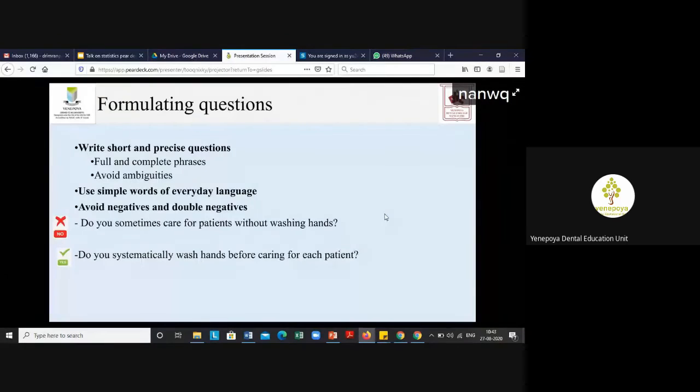So what are the points you have to take care of when you're formulating the questions? Write short and precise questions, in full and complete phrases. Avoid ambiguities. Do not use and/or sentences because they will be difficult to analyze. Use simple words, everyday language. Avoid negatives and double negatives. You can see the question here: do you sometimes care for patients without washing hands?